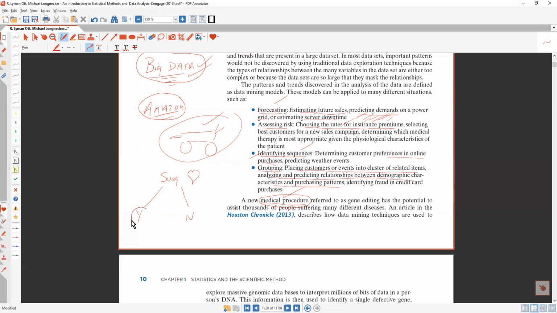If I get surgery, are there any risks to the surgery? If I don't get surgery, how much risk is there from still having that small heart issue? That becomes an example of decision-making using statistics. And for that, we're going to need the idea of probability, because we're going to want to assess the probabilistic risk of getting the surgery versus not getting the surgery and just tolerating the slight heart issue. We're going to see how statistics can be used for those things.